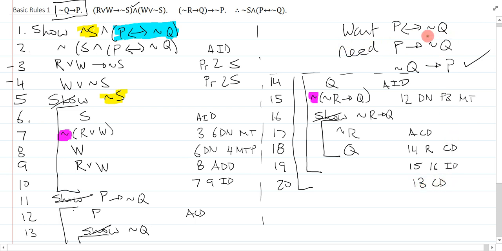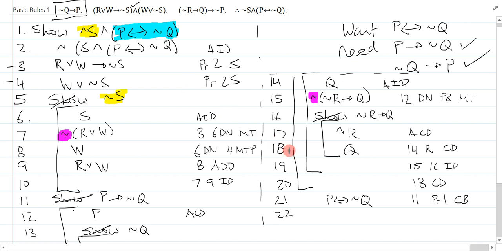Now looking up here at my diagram, I have now shown this, and I want the biconditional, so I'm set. I can build the biconditional, P biconditional not Q, from line 11 as well as premise 1, conditional to biconditional. The last thing I need to do to finish the proof is get the current show line, which is the not S and this.